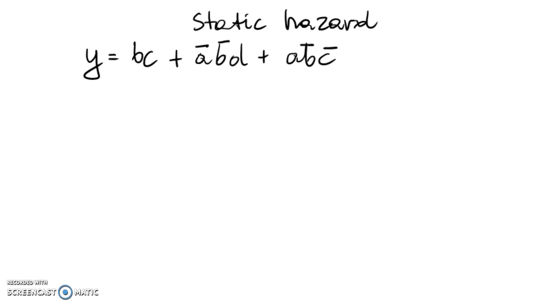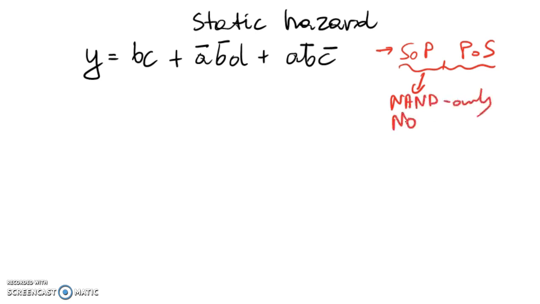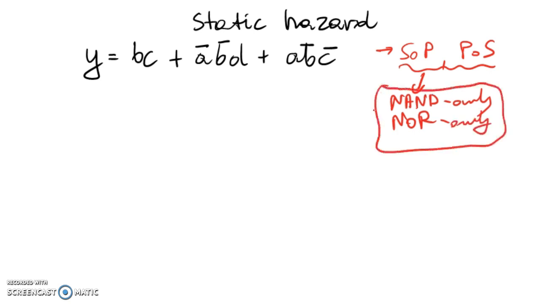Good news is that the dynamic hazard can be eliminated if you use only sum of products or product of sums and their NAND-only or NOR-only transformations, but the transformations must be performed in the way I've presented in one of the mini lectures. Only these transformations don't introduce any hazard into the target device.